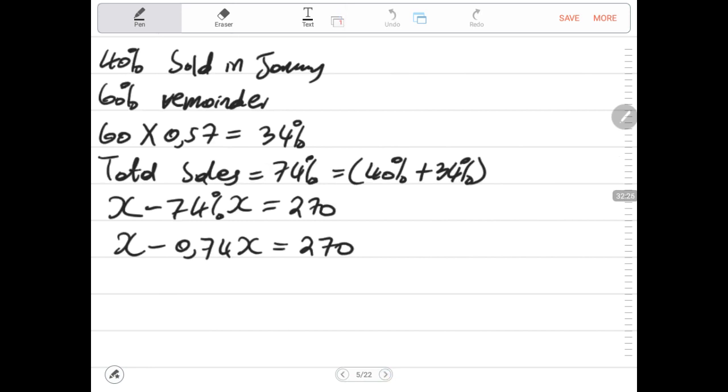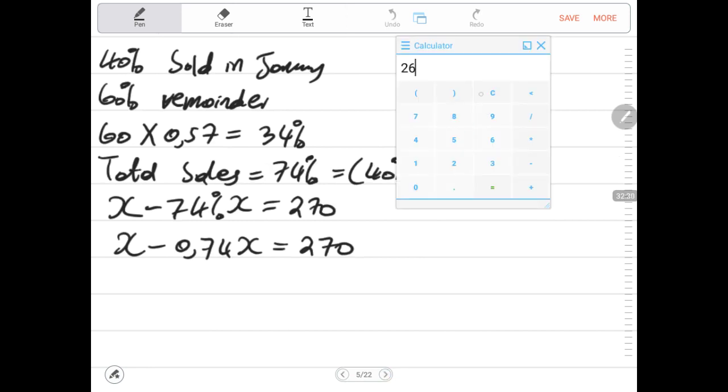And you can see here, if 1 indicates 100, then 1 minus 0.74 gives us 0.26. That means 26% will be the remainder. So now it will be 0.26x is equal to 270.